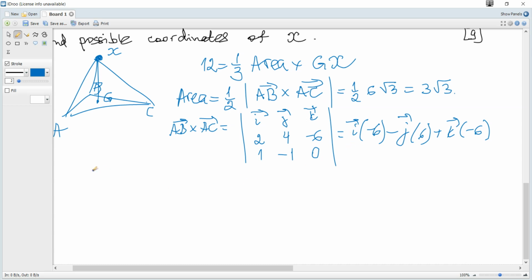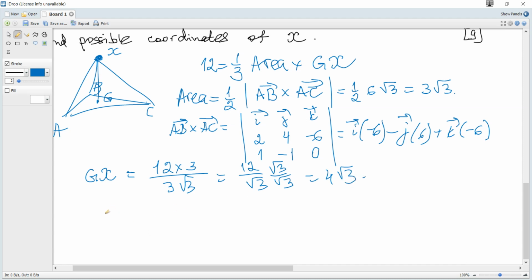Hence, the length of Gx, we consider it as a line segment, or as the magnitude of a vector, it doesn't matter. So it becomes 12 multiplied by 3 divided by the area, 3 root 3, so it becomes 12 divided by root 3, or if we multiply by root 3, we get 4 root 3.